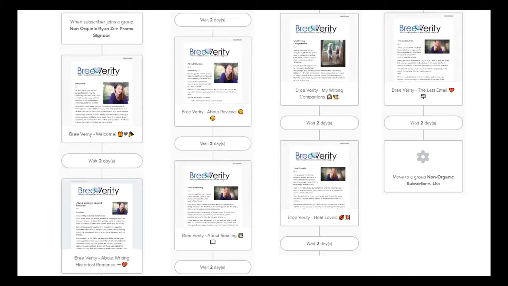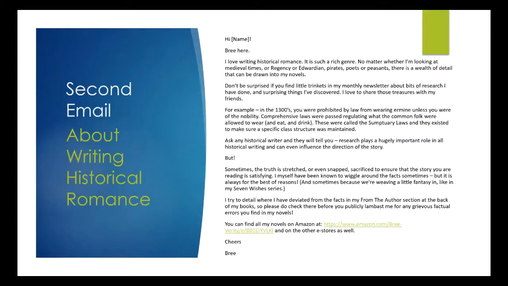All right, so we're just going to have a quick look at the text of, this is the second email. I haven't got the welcome one up there. The second email is the one where they get the heading about writing historical romance. And all of these have come from historical romance sign-ups, so it's something that they're going to be interested in.